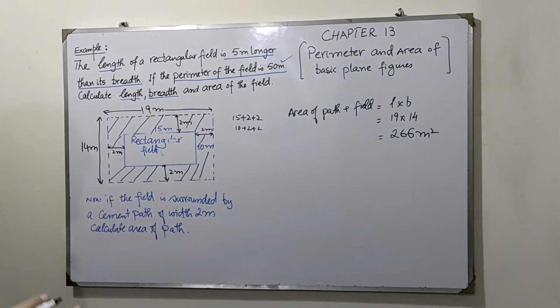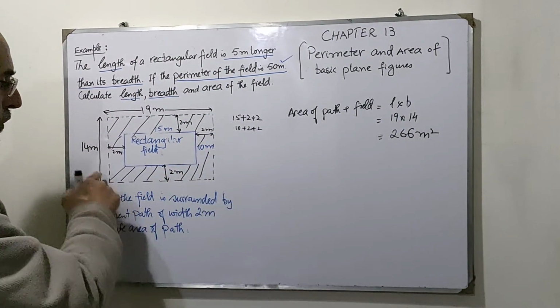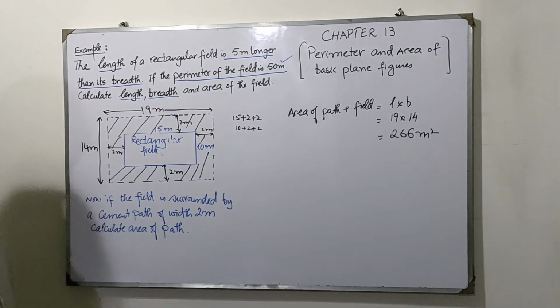This is the area of the whole, which includes this rectangular field and this path.